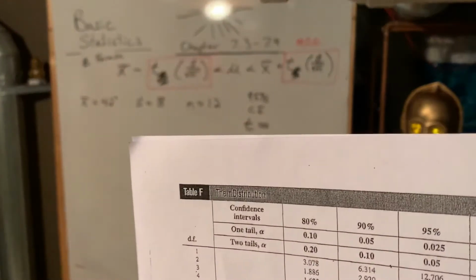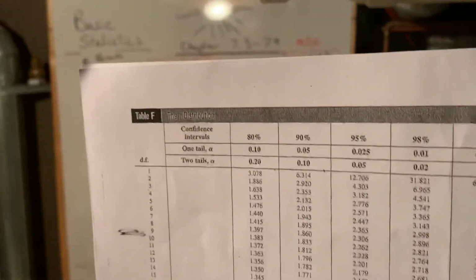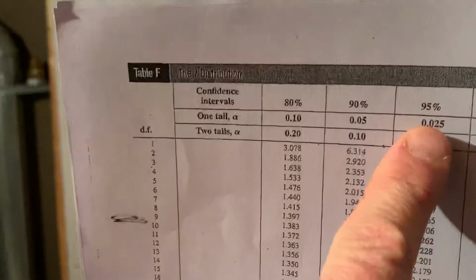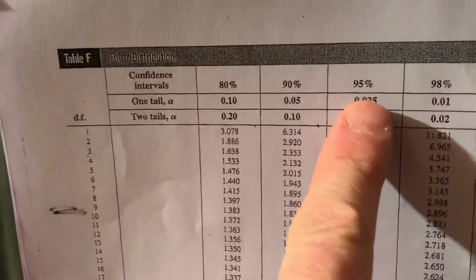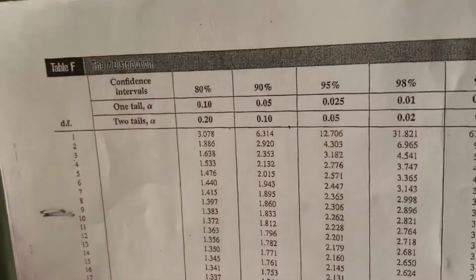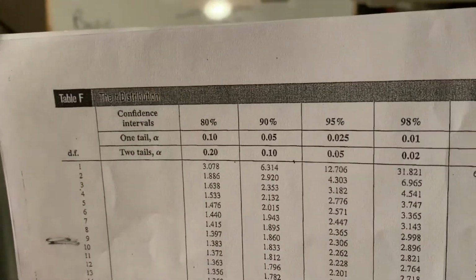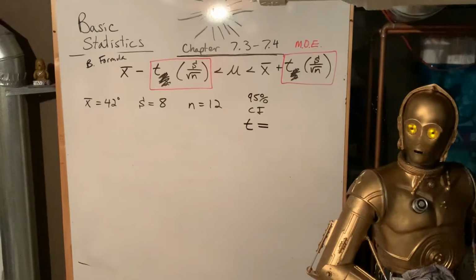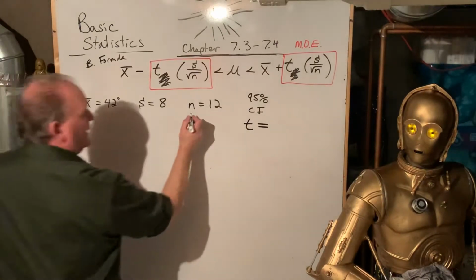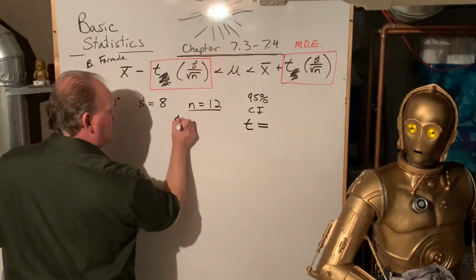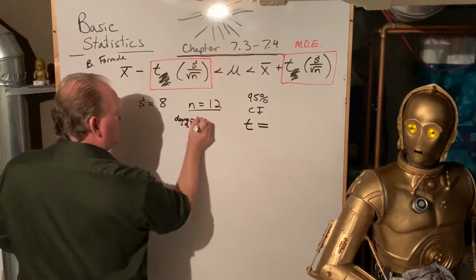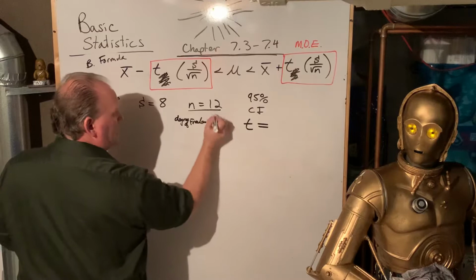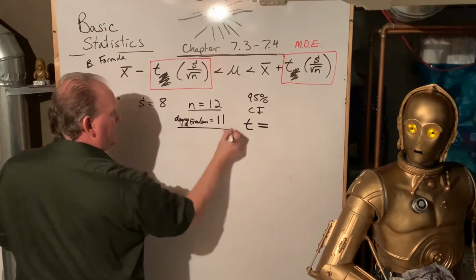So we want to find the t-score for 95%. So you go to 95% on table F. You go to 95%, and now you follow that down. Degrees of freedom are going to be 11. So n is equal to 12, which means degrees of freedom is always n minus 1. So that's 11 for our degrees of freedom.